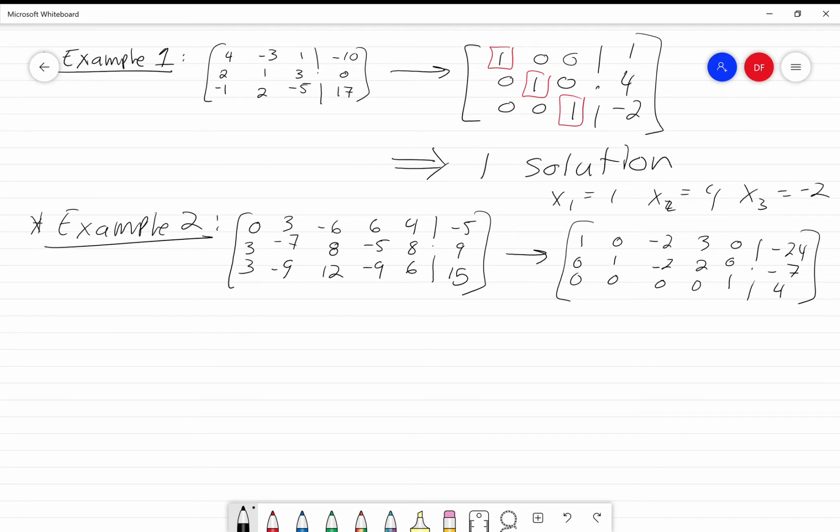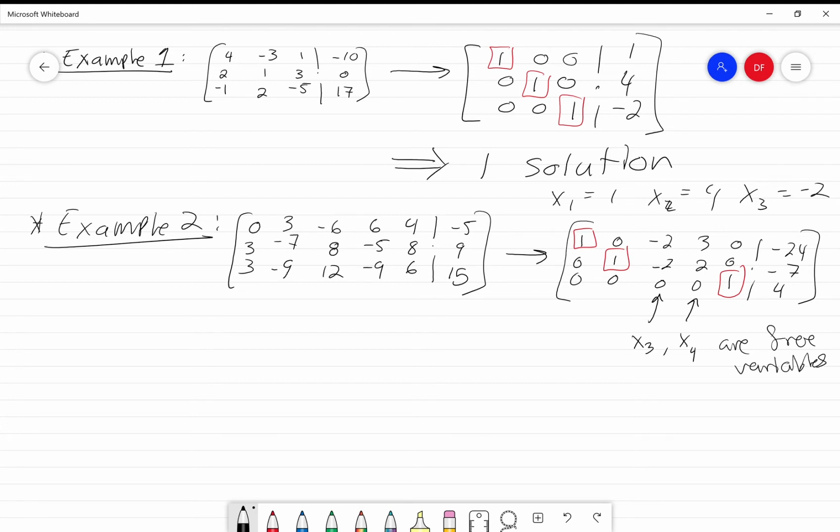Okay? And in this case, we saw there are only 3 pivots. And here, for these two, we say x3 and x4 are free variables.